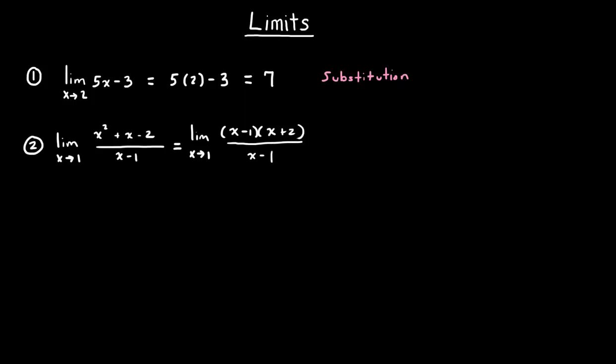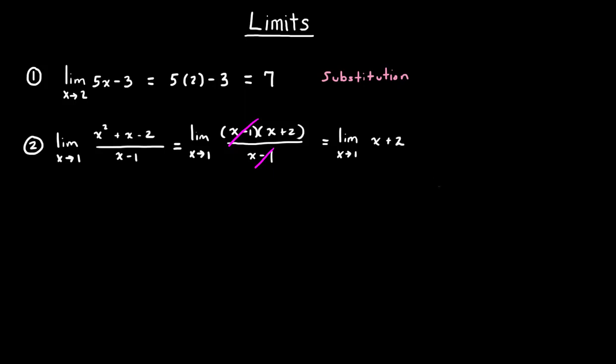Okay, and then we would cancel these out. And I want to make this point here. It is not okay to cancel that out and go directly to the substitution portion. I want to see what the expression looks like after we cancel everything out. So that's just going to be left with x plus 2.